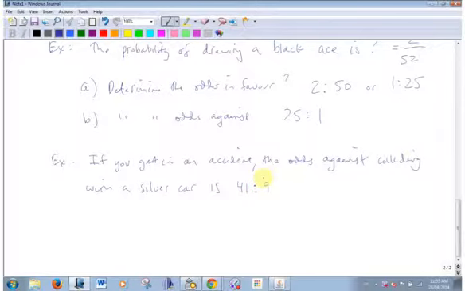There's lots of silver trucks, but that includes that kind of off grayish color too, right? Because it's not black, white, red, or blue, all those colors in between black and white, that's gray, that's silver. So the odds against colliding with a silver car is 41 to 9.